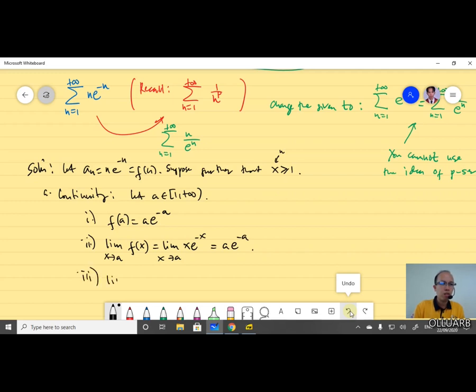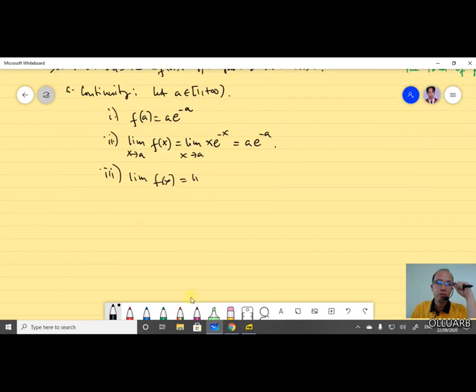Third, we have the limit of f of x as x approaches a, and then this is f of a.